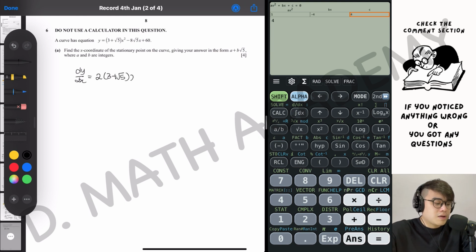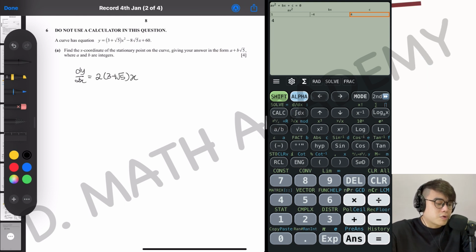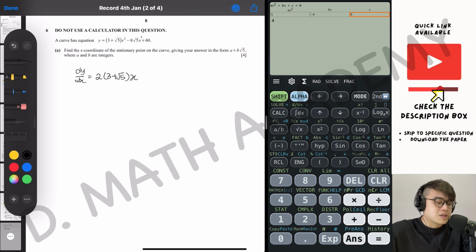Then the power of 1 here, bring it out. This just cancels off automatically. So this is all I have left, and they want me to arrange it in a specific format. To find the stationary point, dy/dx will be 0 by then.